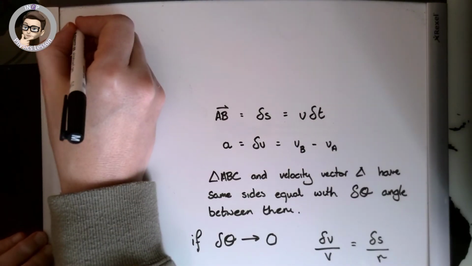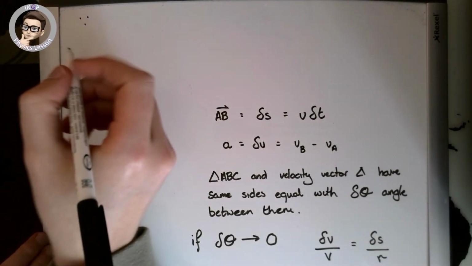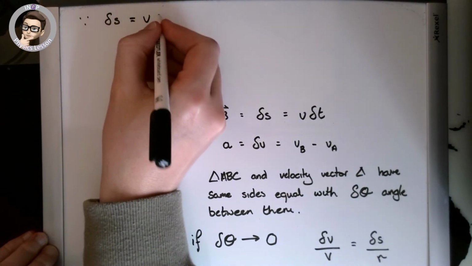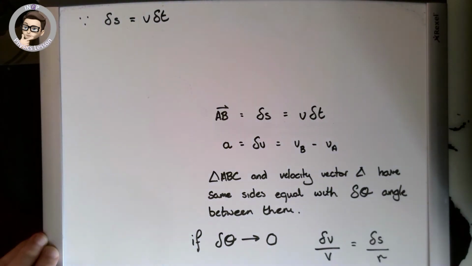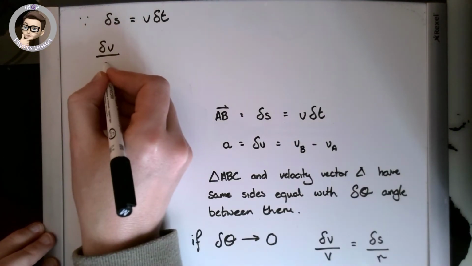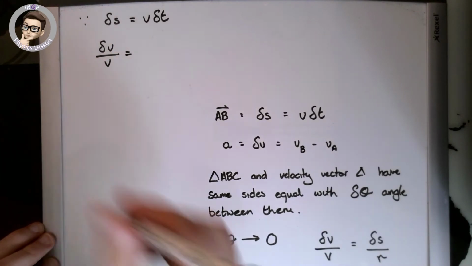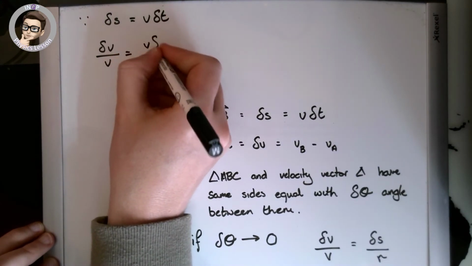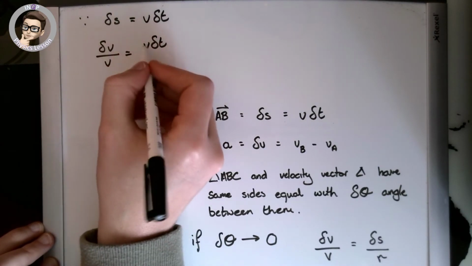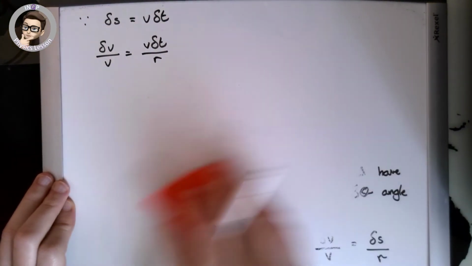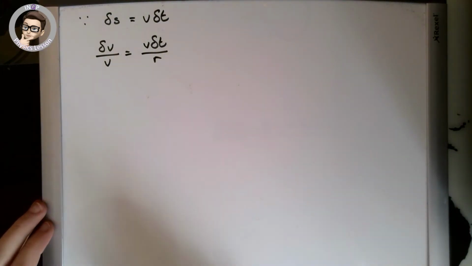Because we know that the change in displacement is equal to the velocity multiplied by the change in time, we can go a step further and say the change in velocity over the velocity is going to be equal to, taking the delta S here and using V delta T instead, V delta T divided by R. Now we can clear this up because this is not a very nice equation so far.